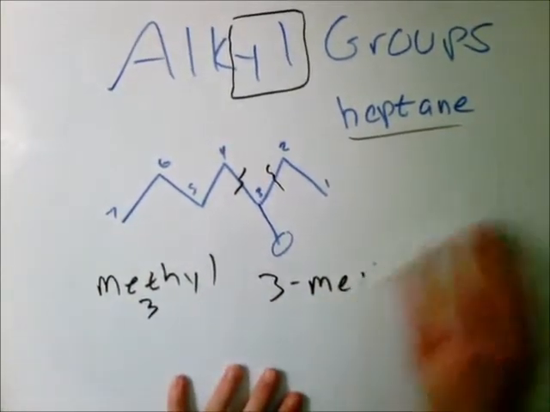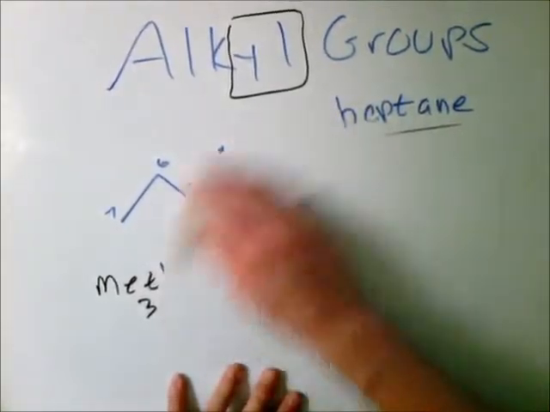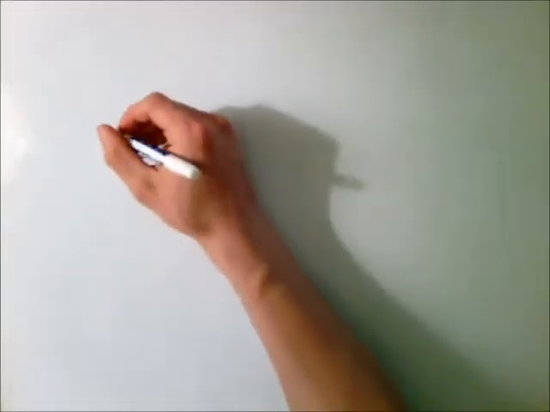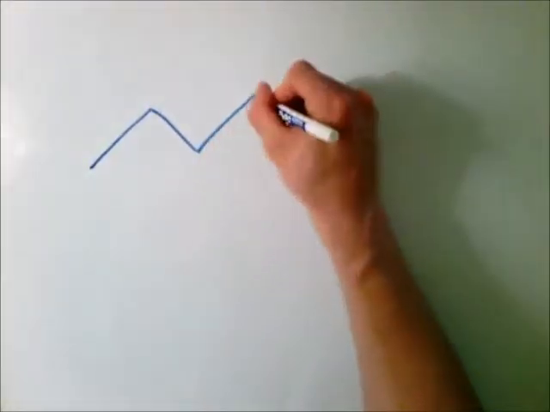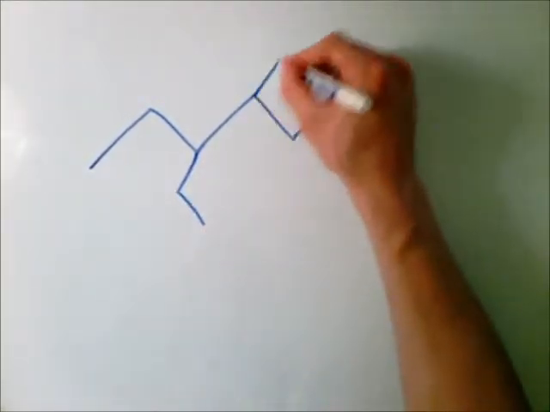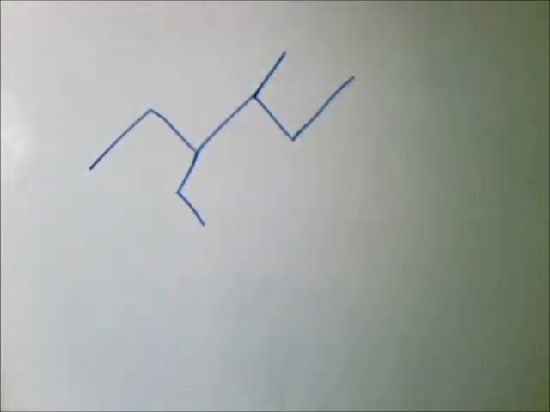Let's go on to a different example where you have to apply a couple different skills. And that's where we're dealing with multiple alkyl groups. So let's say we have this compound. Alright.